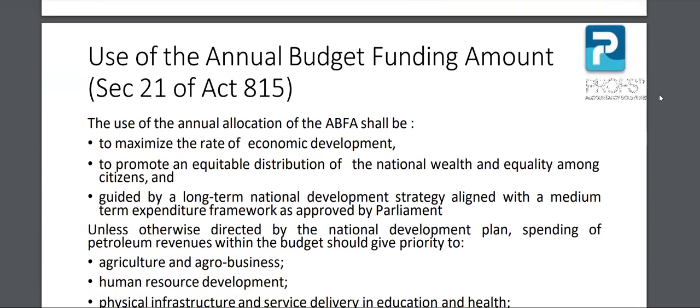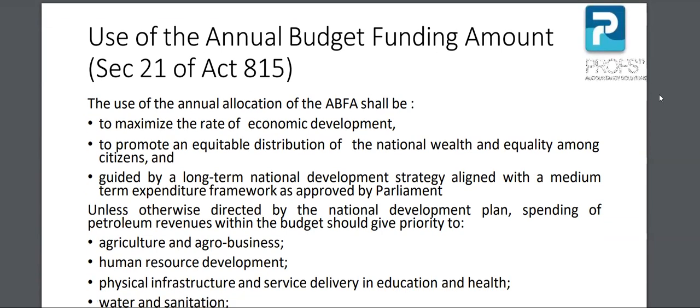Okay, but the ABFA, once it's purely geared towards infrastructural works, its main use is to maximize economic development, promote equity, ensure that all the regions in Ghana are okay. They have the hospital, the basic facilities, and all that.